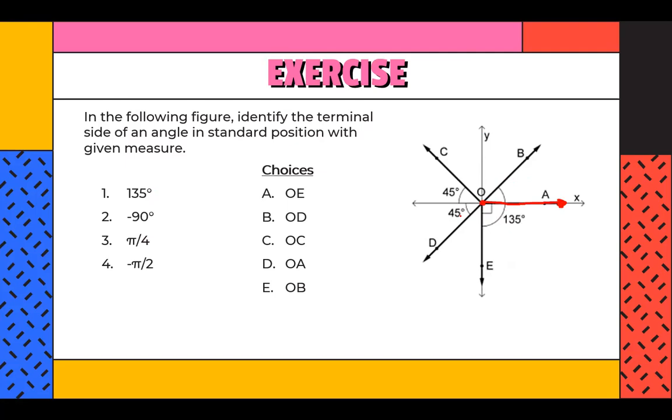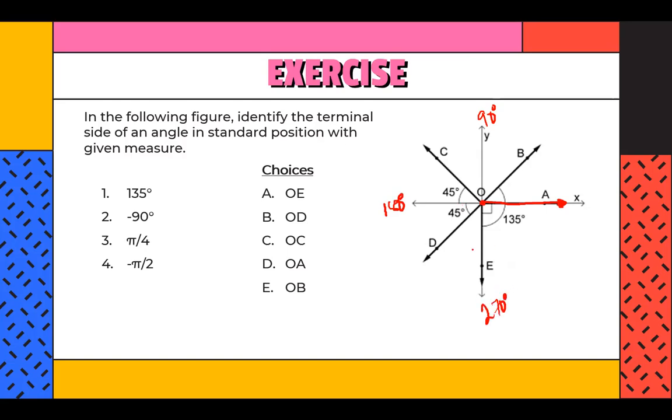Next, in order for us to know where 135 degrees is, let us consider our quadrantal angles. We have 90 degrees there, then here is 180 degrees, and this one is 270 degrees.